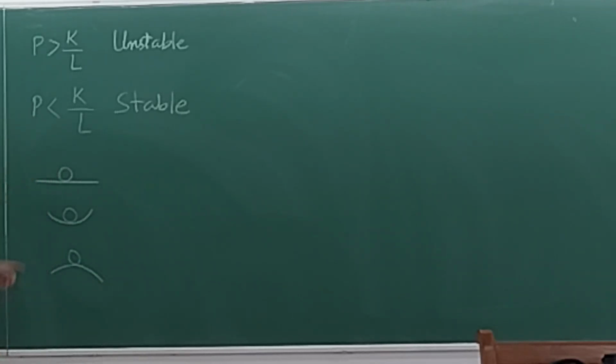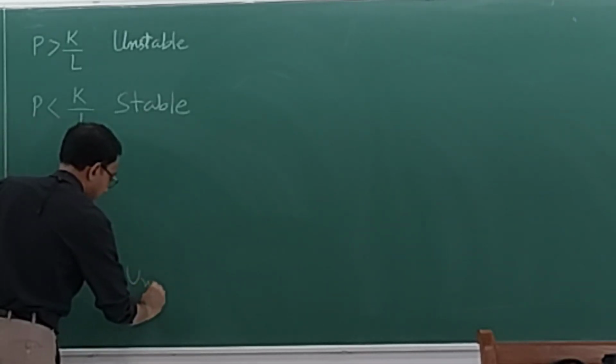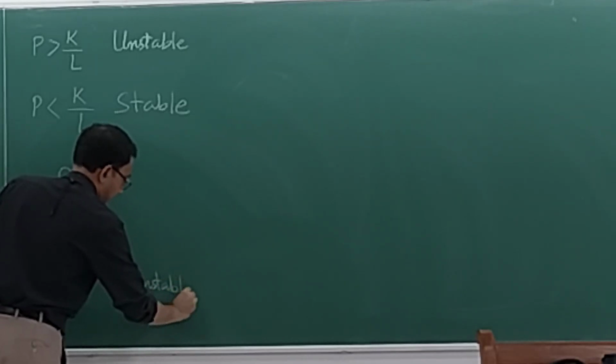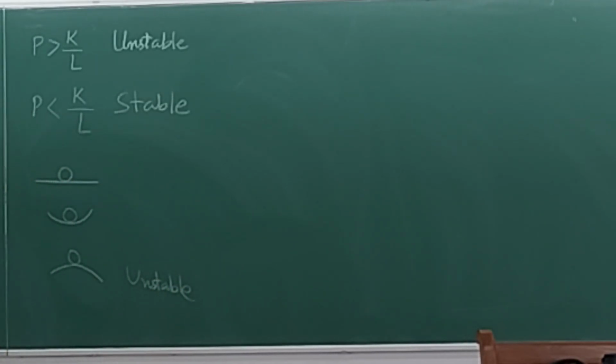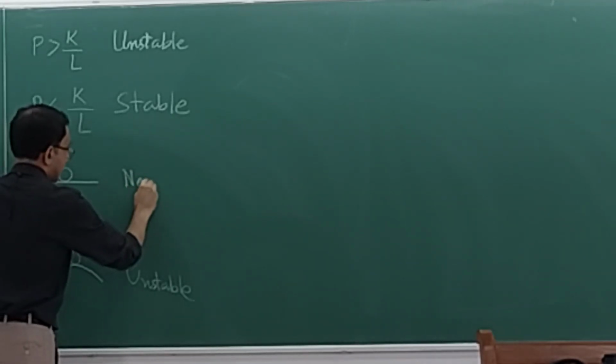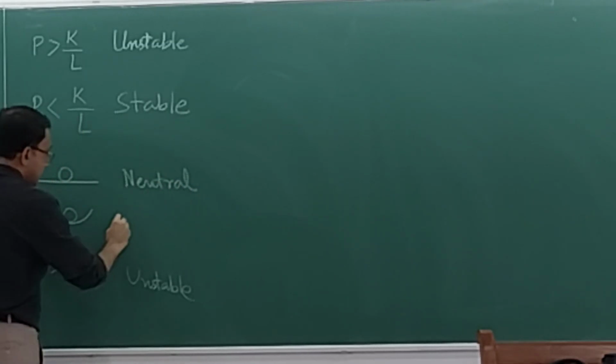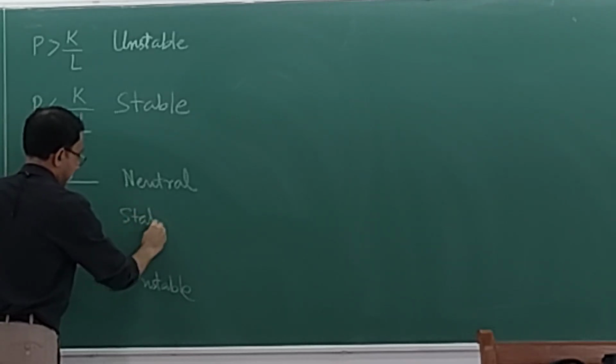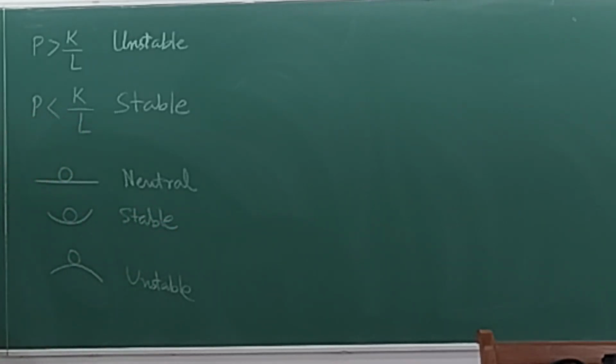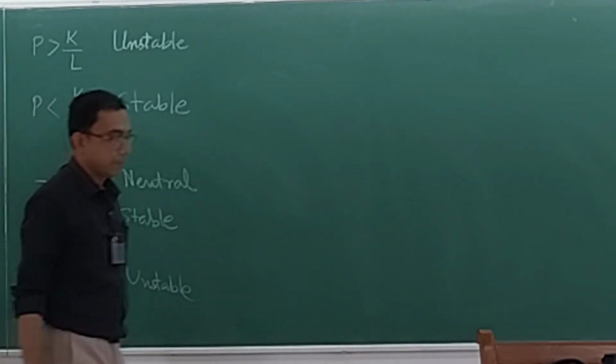So tell me, which one of this is unstable? Last one is unstable. Which one is neutral? First one is neutral. And second one, of course, is the stable one.